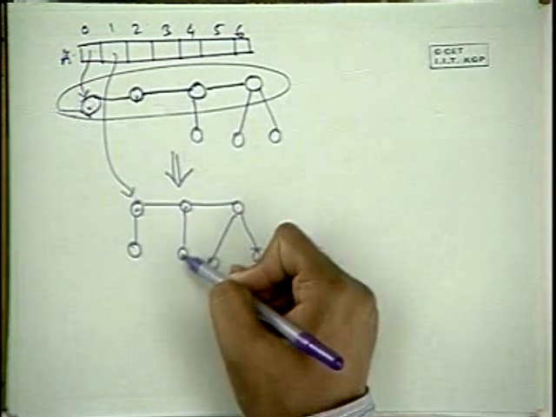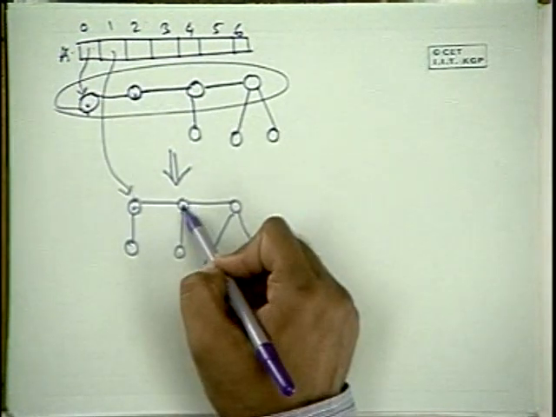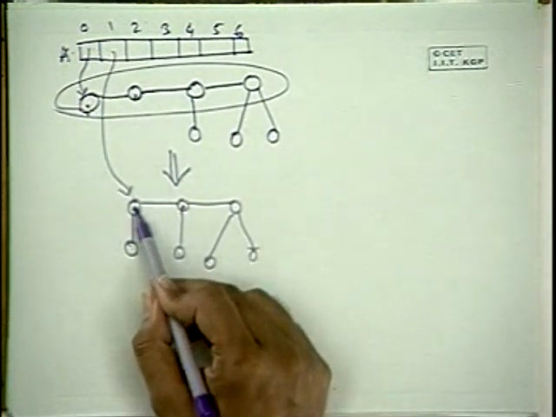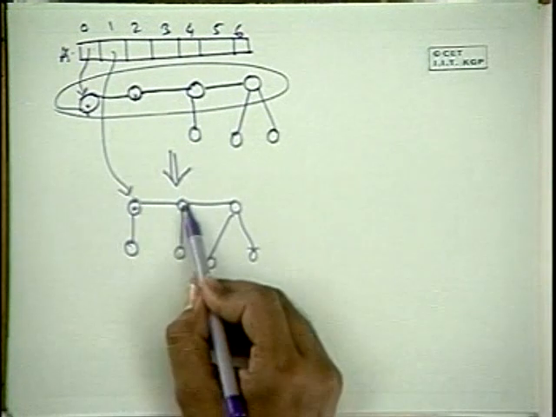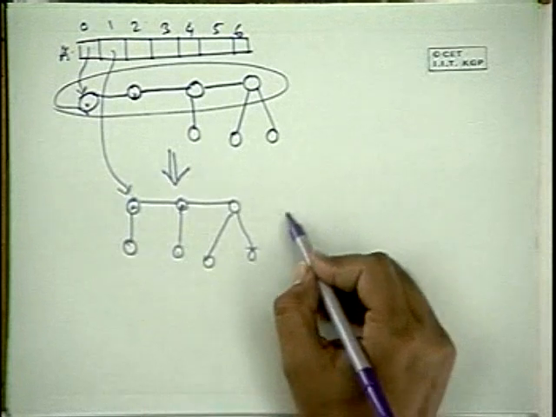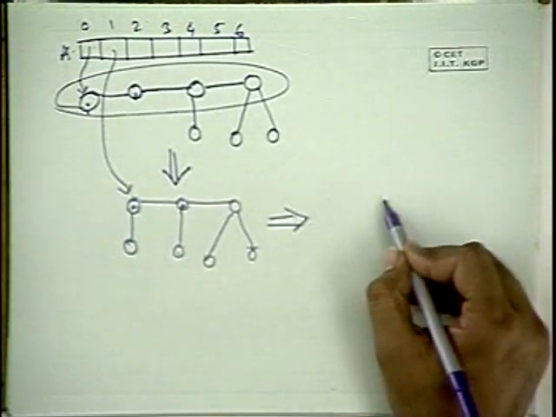Again this root has one child, its degree is 1, but again A1 is occupied. That means there are two roots with the same degree. We need to link these two. So the situation immediately becomes this.